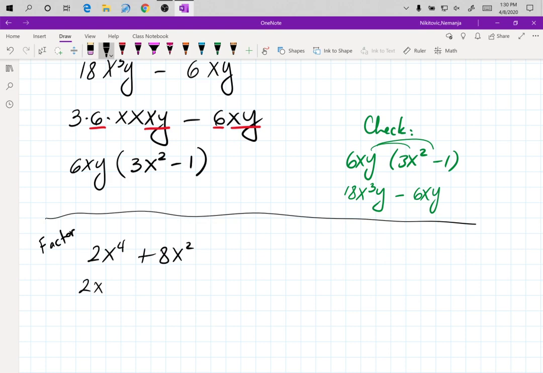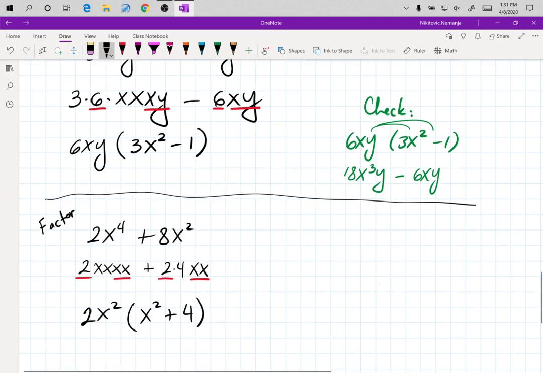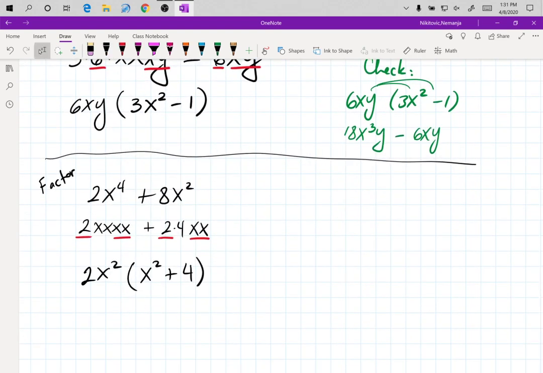Well, this is 2 and 4 x's plus 2 times 4 and 2 x's, and then you collect common stuff. 2 is common and 2 of the x's common. So 2x squared is common. What stayed in the first are 2 x's, that's x squared, plus 4. Right, in the second one, both x's are out, number 2 is out, so all it's left is positive 4. It's very systematic, but you need to be able to break it apart.